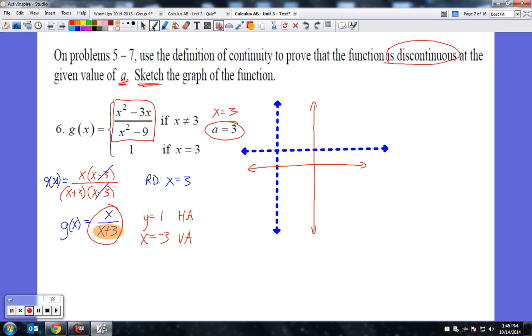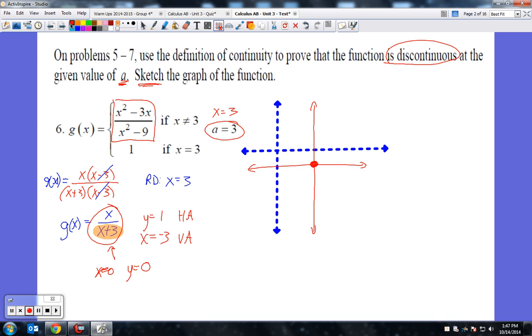If we did this by hand, and you're wanting to do as much as you can, look at this and say, if I plug in 0 for x, what will my y value be? Otherwise, my y-intercept. And you are going to get 0 because 0 divided by 3 would yield 0. So it will cross here. And then you could also look at what are the zeros of the function.